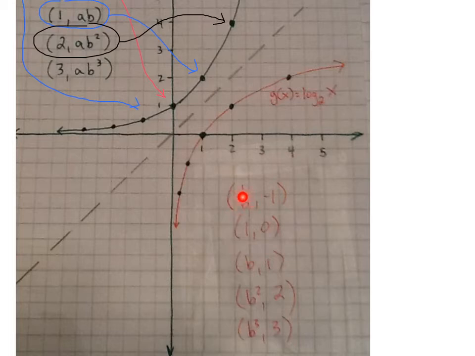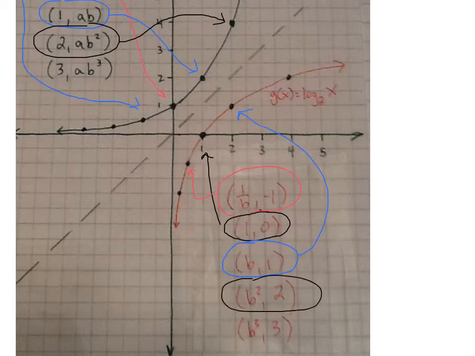Our base is pulled from the base of our logarithm, and this pattern will always work. So our 1, 0 is located right there. Moving down, we get 1 over b, comma, -1, which is right there. b, comma, 1 is right there. b squared, comma, 2 is right there.